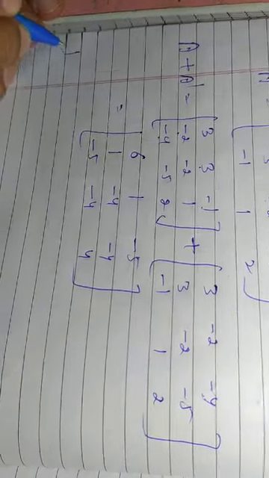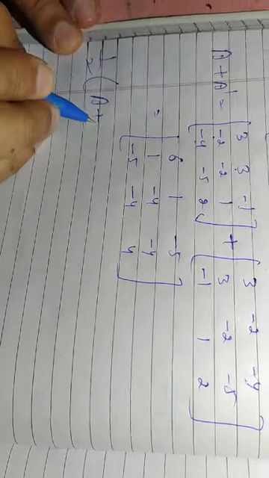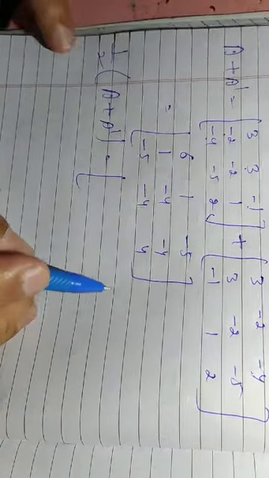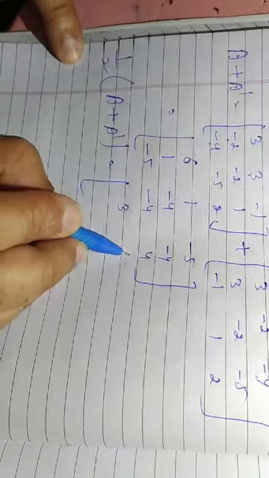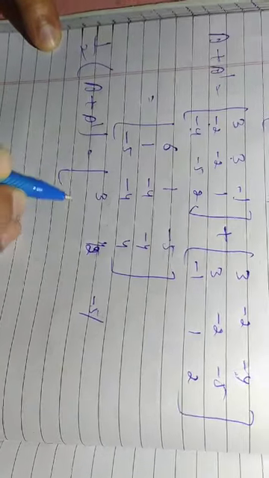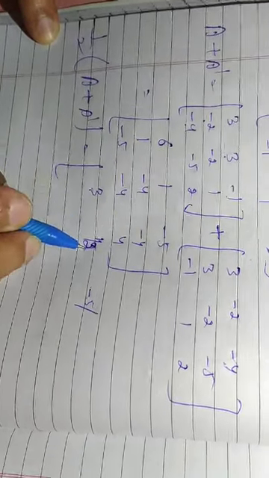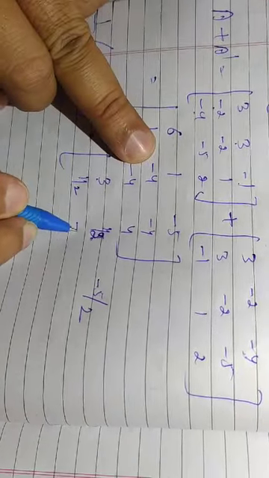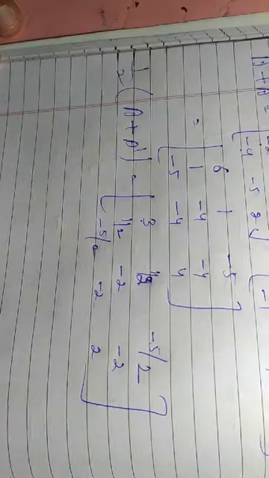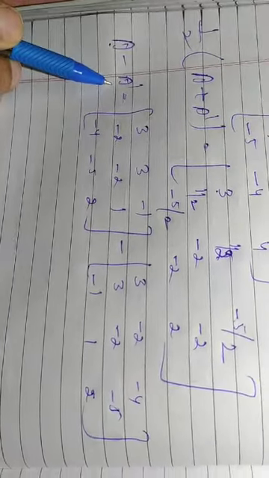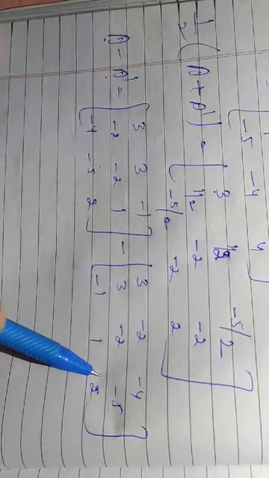Then 1 by 2 of A plus A transpose. Divide each element of this matrix by 2. Then the skew symmetric part, A minus A transpose. A matrix is this, A transpose is this.